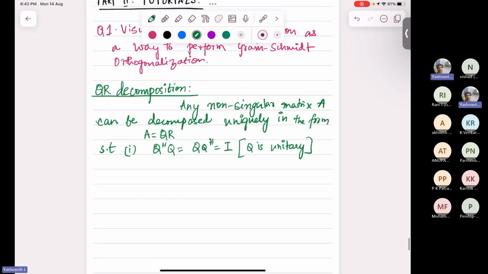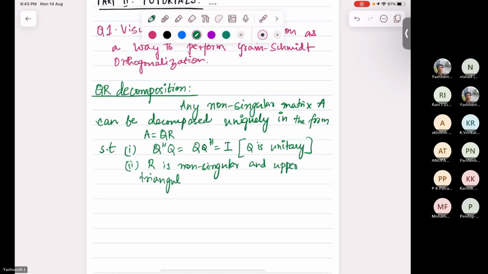And number two, R is a non-singular upper triangular matrix with positive diagonal elements.